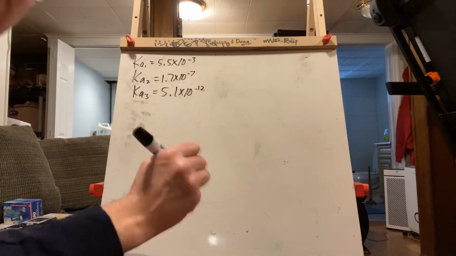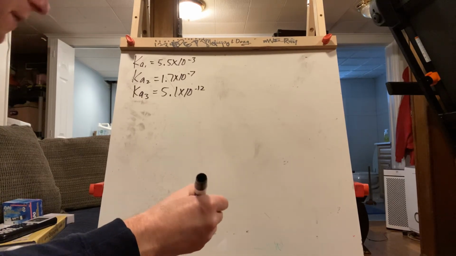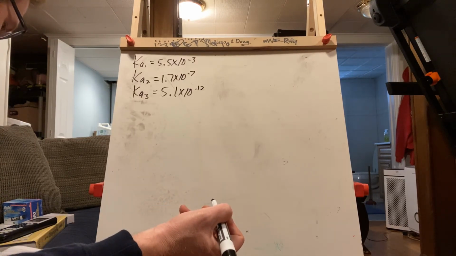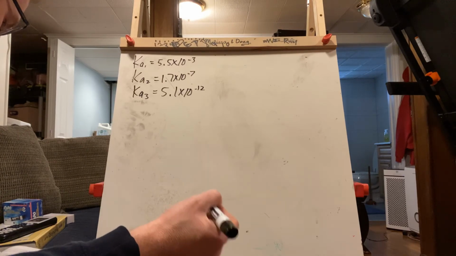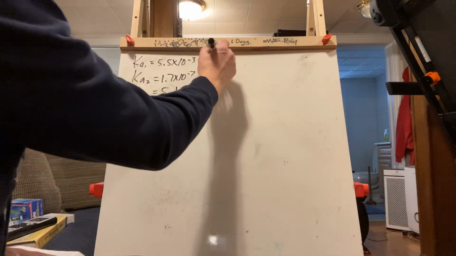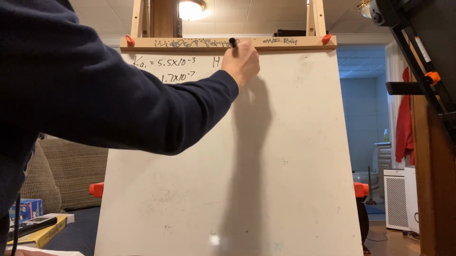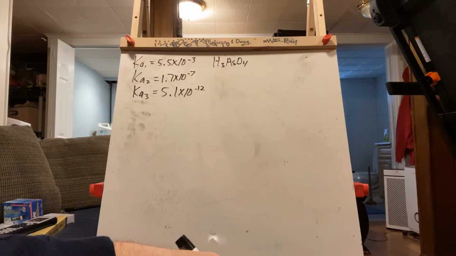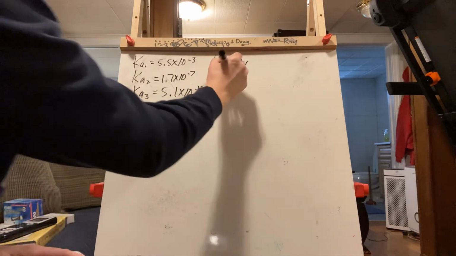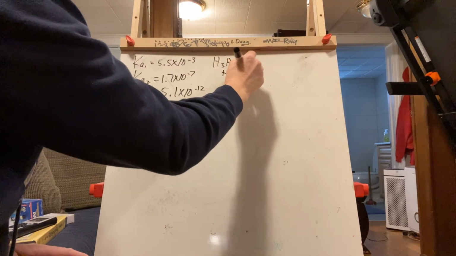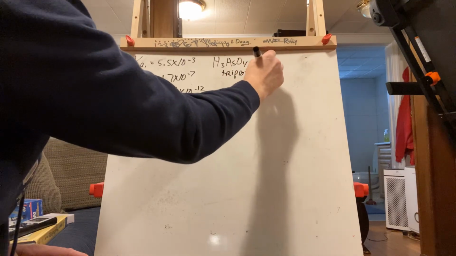Okay, I may need to run upstairs and grab my TI-89 for this one, but let me show you how to start this off. Arsenic acid is H3AsO4, a triprotic acid.